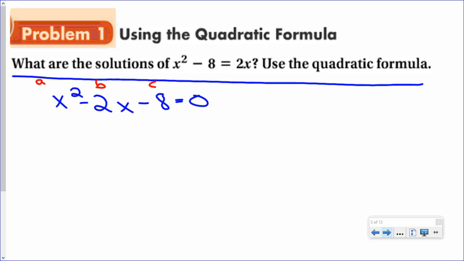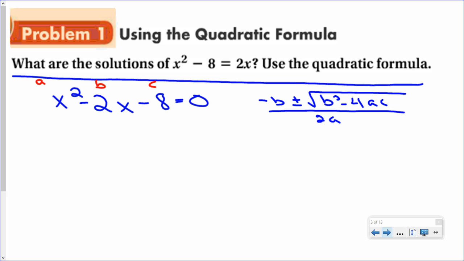Now remember, it's minus b plus or minus the square root of b squared minus 4ac all over 2a. So when I do this, I'll make a whole bunch of open parentheses.